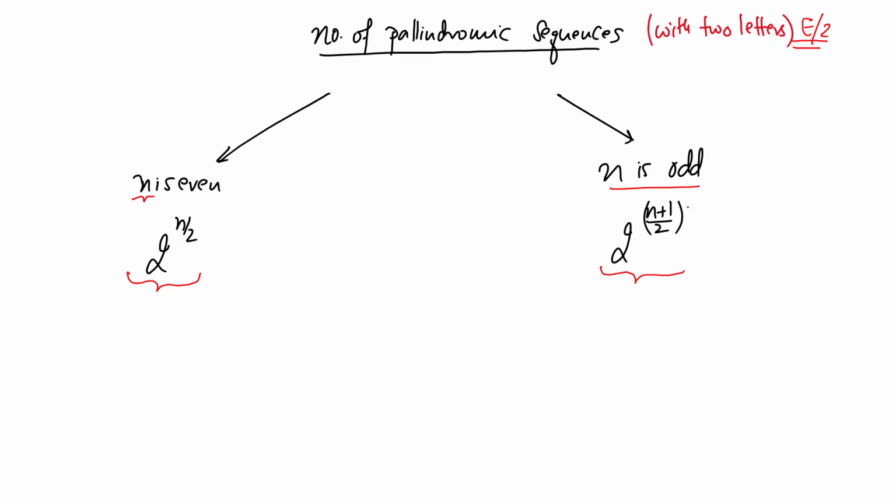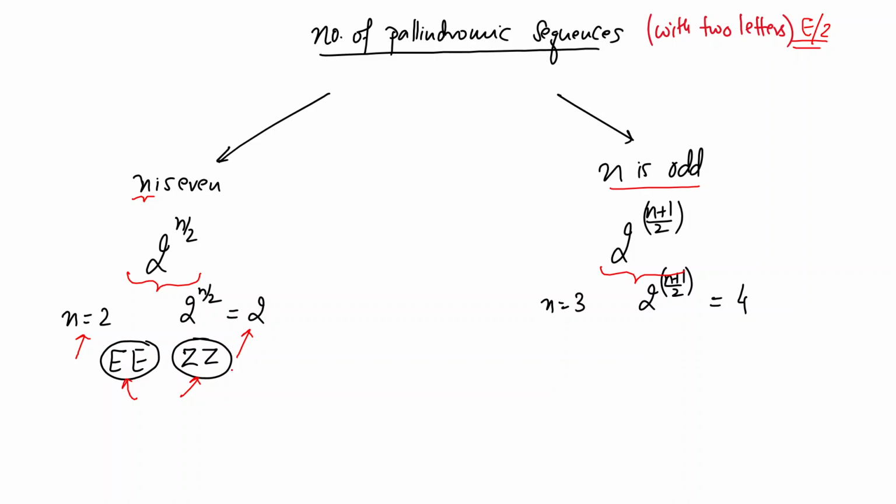You can revise it, you can go backwards and see that these are the results which we got for the number of palindromic sequences. You can verify it. If n is equal to 2, you will get 2 palindromic sequences, and those 2 palindromic sequences are EE and ZZ. If n is equal to 3, you get 4 palindromic sequences. What you have to think is that till 2 boxes you are free to write any letter, and from there you can make your 4 palindromic sequences.